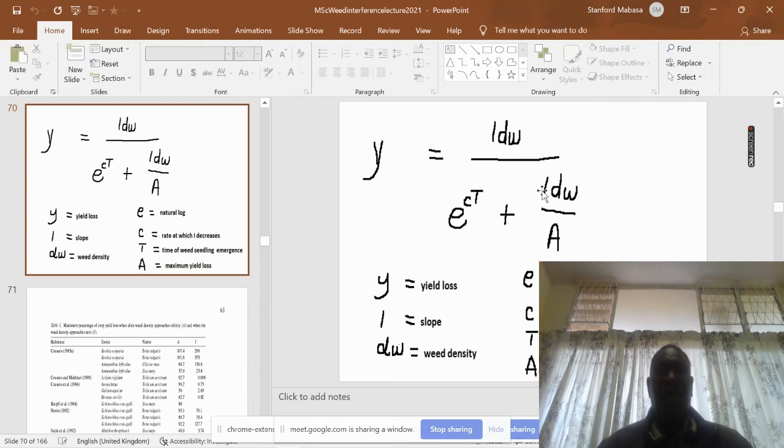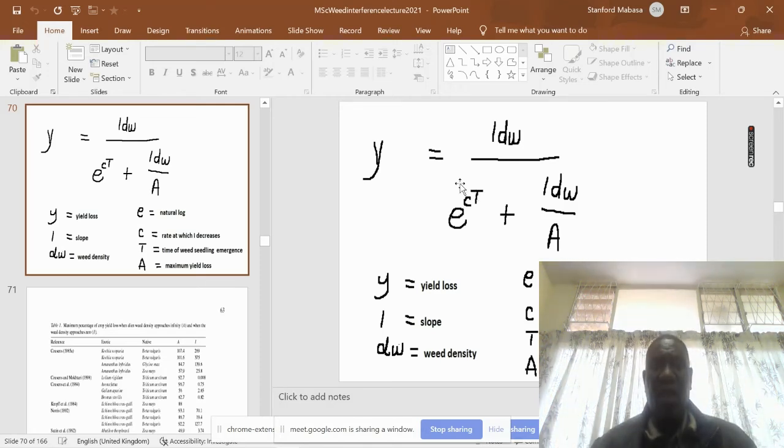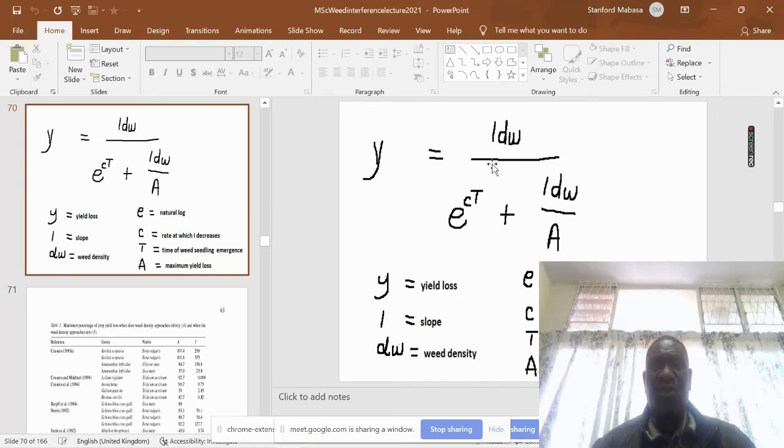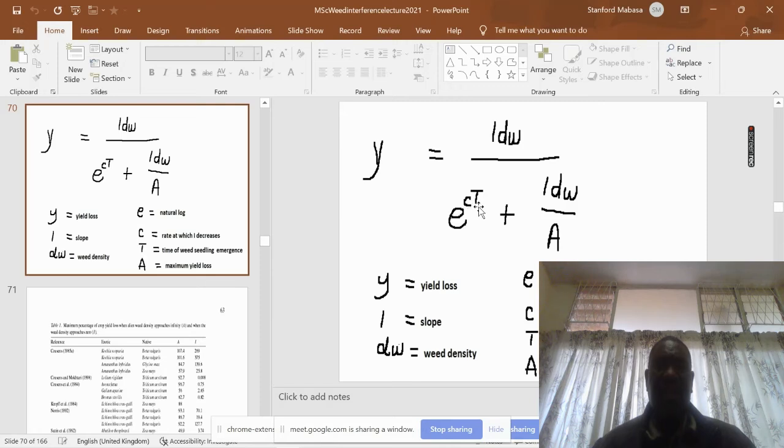But what is more important, he added the time of weed seedling emergence to this equation, which is represented by T. So according to Cousins, yield loss is now equivalent to I dW divided by e raised to the power c times T, plus I dW over A. Now, when he had done that, then the equation became accurate in predicting crop yield loss when infested with weeds.